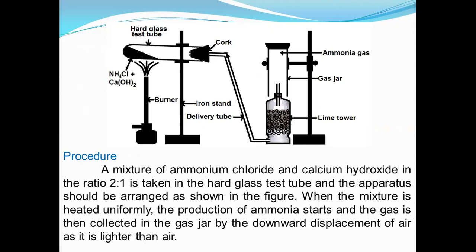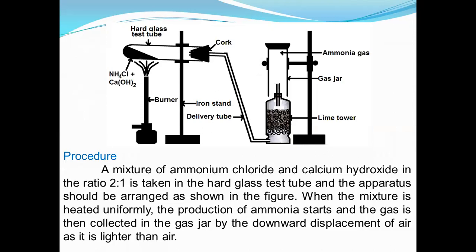So this gas contains some water molecules, and that water is absorbed by this lime tower, and that's why we require the lime tower, so that the moisture present in the ammonia is absorbed by this lime, and only dry ammonia can be collected in the gas jar.